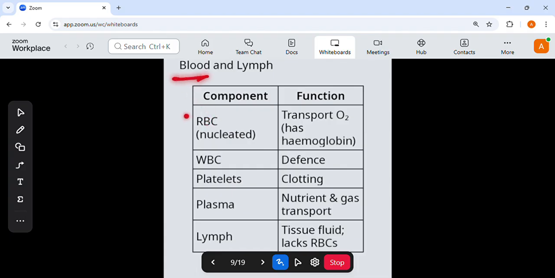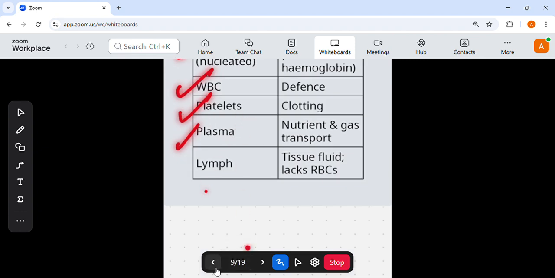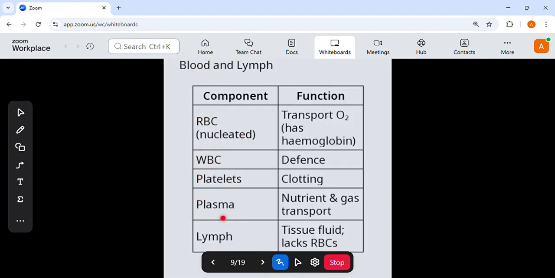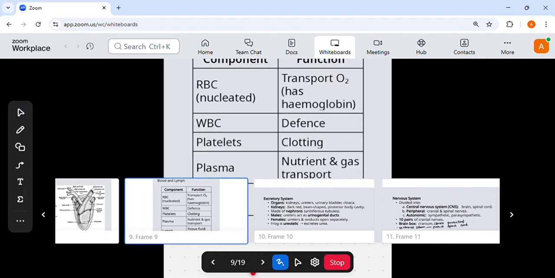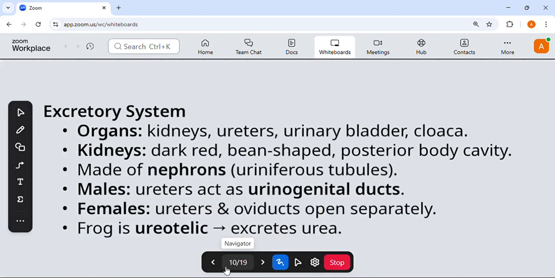We have seen blood has the components RBC, WBC, platelets, and plasma. Here the RBC is nucleated. The lymph is a tissue fluid which lacks RBC and proteins. I'm not explaining all the functions as I have already told you. Now, the excretory system includes the organs kidney, ureter, urinary bladder, and cloaca and cloacal aperture.